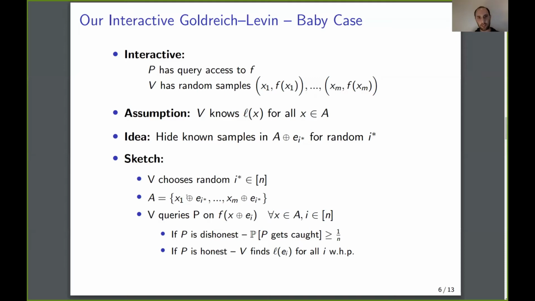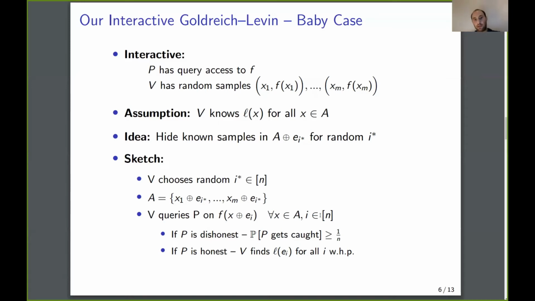All of these pluses, maybe I should have said this earlier, are XOR. So adding and subtracting is the same. Okay, so that's A. And now the verifier queries P for the value of f on x plus e_i for all x's in A and all the indices i between 1 and n.